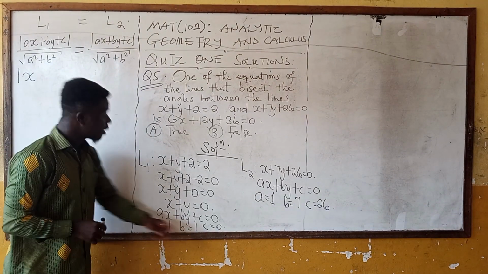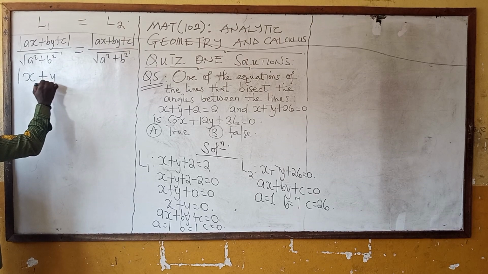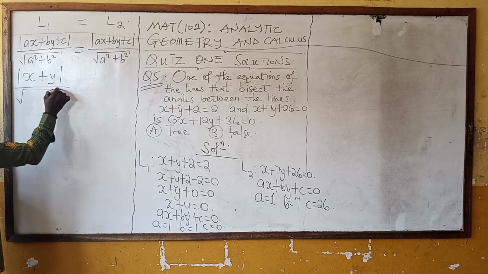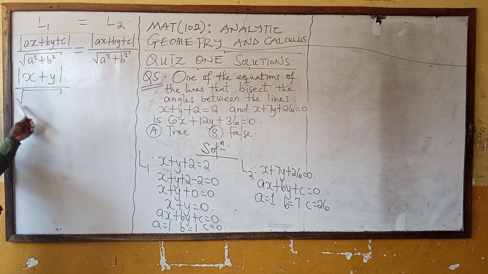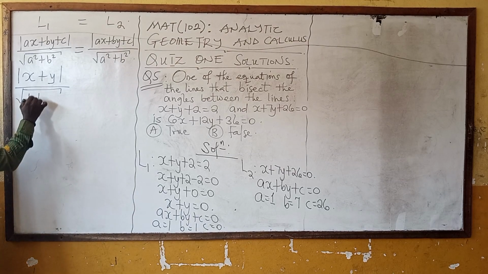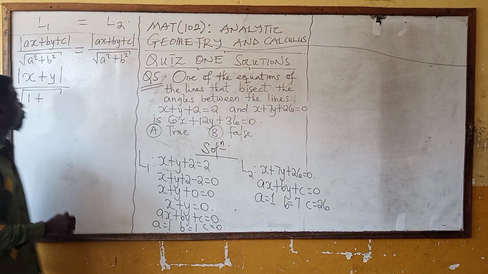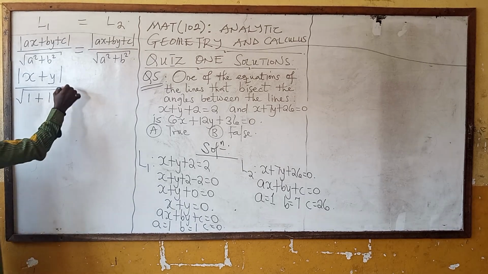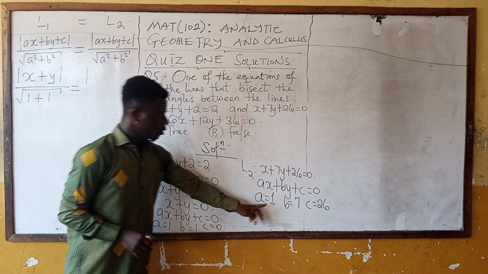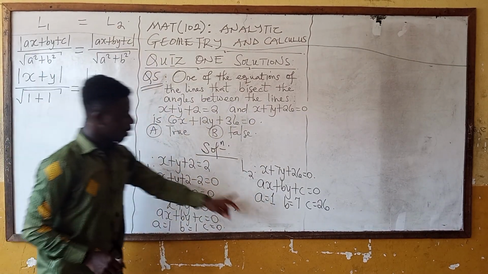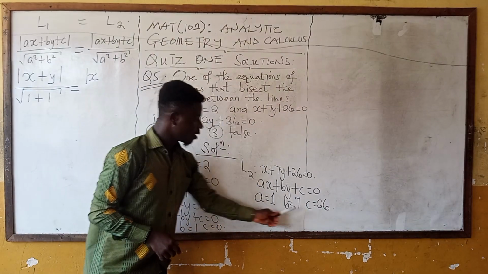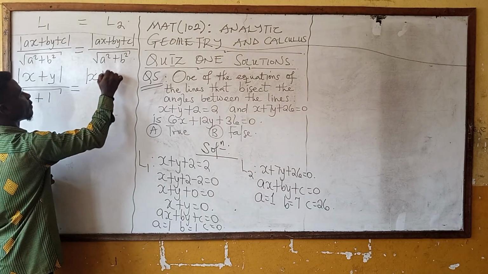Then B is also 1, so we get plus y, then C is 0. And that's all divided by the square root of A, which is 1, so 1 squared we have 1, plus B is also 1, so 1 squared we also have 1, which must be equal to the absolute of this L2 here. Our A is 1, so we have x. Then our B is 7, so we have plus 7y.